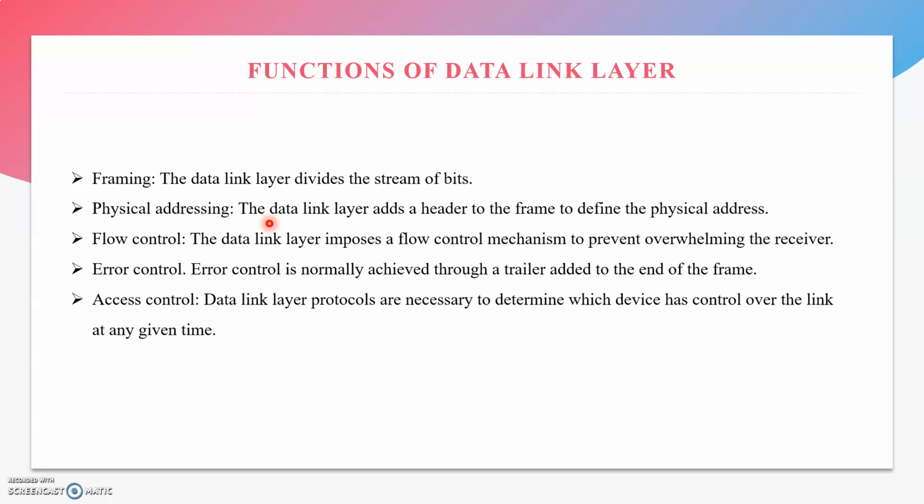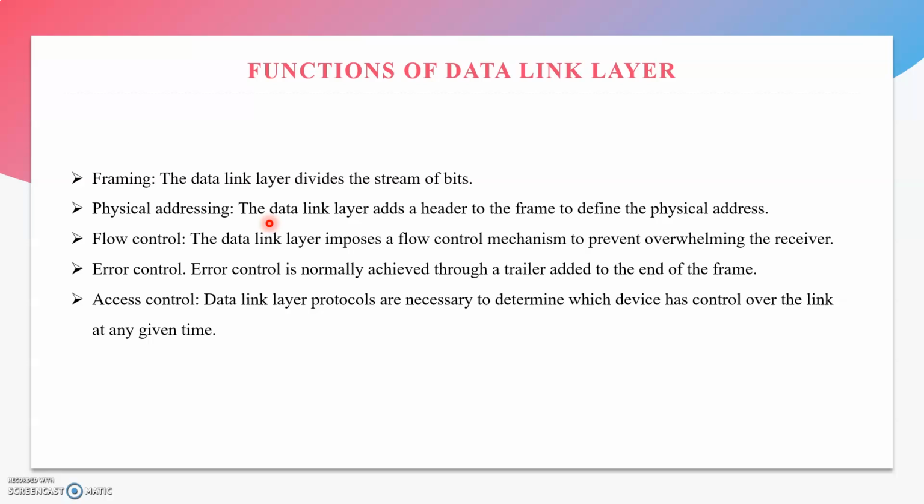It is like an envelope. If you remember the previous class, in which I gave you the example of the mailing system, you write the from and to on the envelope. What does it mean? From means kiski taraf se aaya, and to means kisko bheja jana hai. So that the receiver can easily understand which sender that frame is coming from, the data link layer adds a header to the frame to define the sender or receiver of the frame.